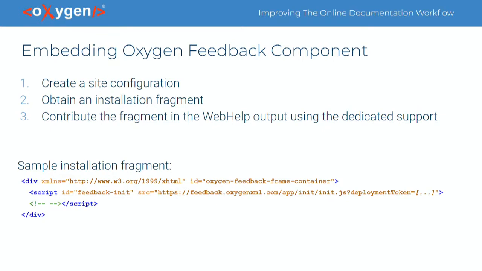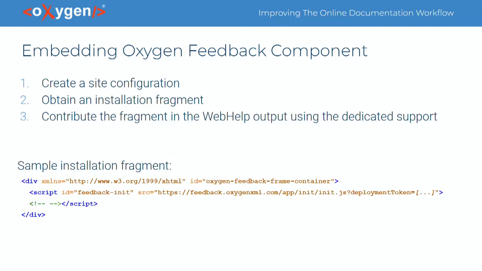By creating the site configuration, you will also specify the base URL of the website where your documentation is deployed. This is very important because the Oxygen Feedback component will only be visible in web pages that are in the hierarchy of that base URL.